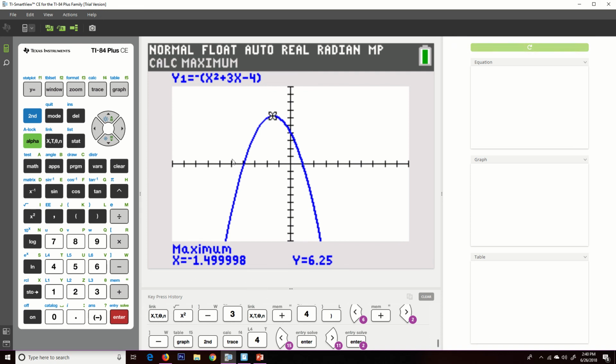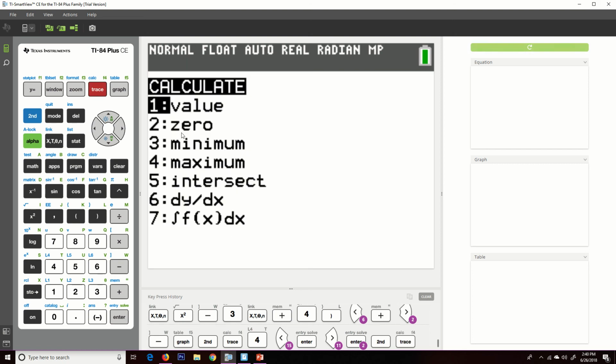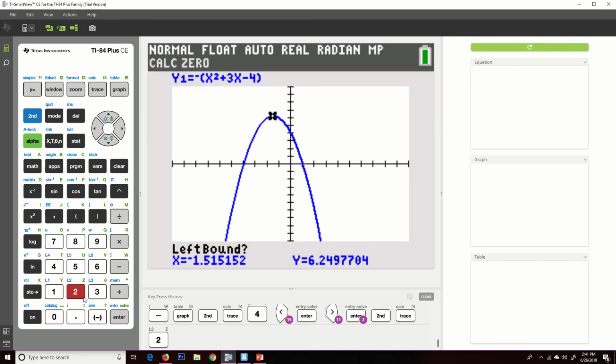To find x-intercepts using the graphing calculator, we can go second, hit the trace button, and use this zero feature. I'm not going to do both of them, but let's at least find one of them. So we're going to do 0, we're going to hit 2. And just like we did to find the maximum, we're going to set up an interval where the calculator is going to look for a change from positive to negative, and it's going to try and zoom in on that.